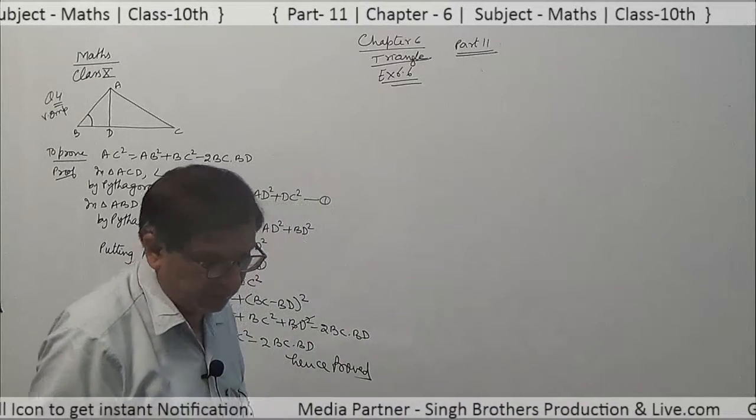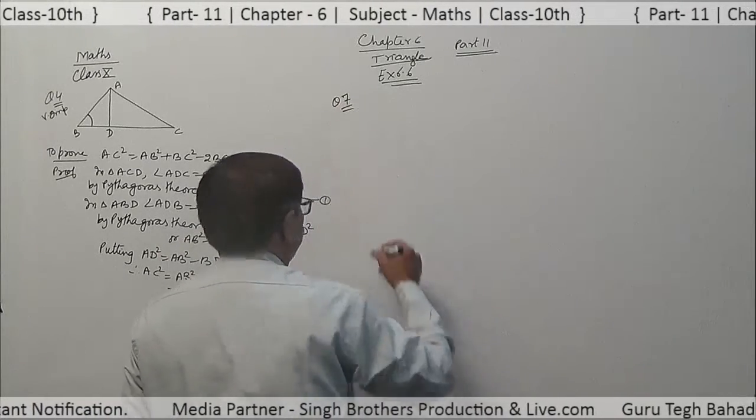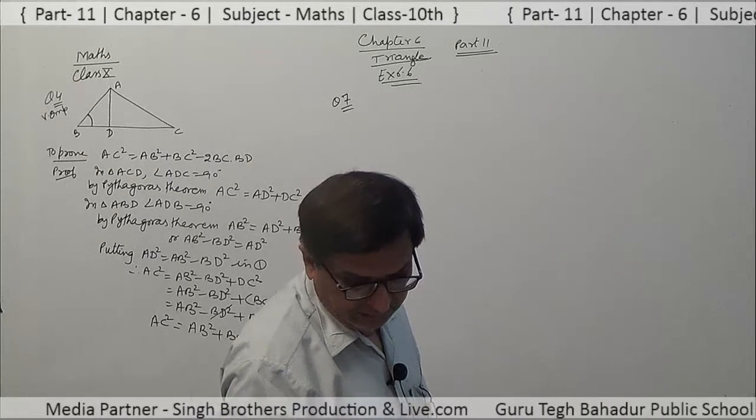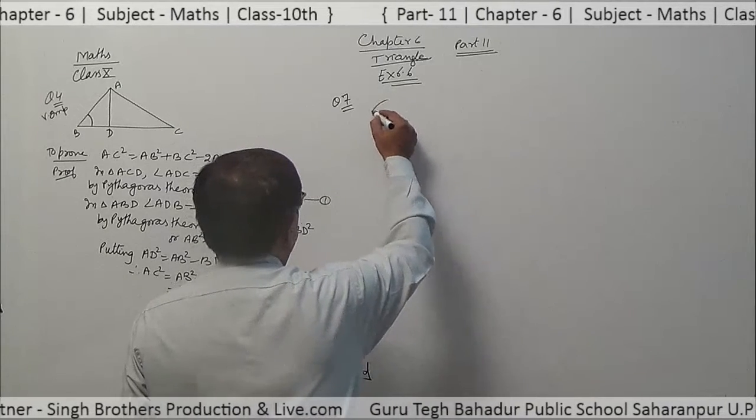See question number 7, very simple question. Two chords AB and CD intersect each other at a point P. This is a circle.